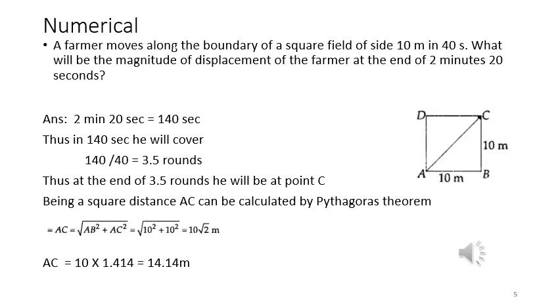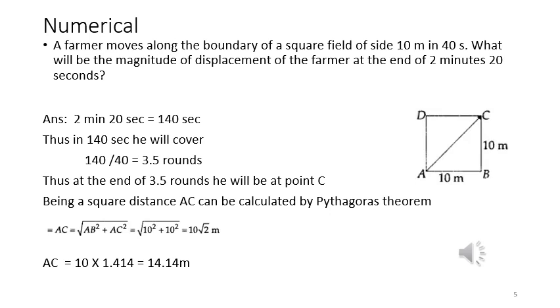Before you read the other details on the slide, have a look at the figure. A, B, C, D is a square farm where every side AB is 10 meters. Being square, all the sides would be 10 meters. The total time he took was 2 minutes 20 seconds.